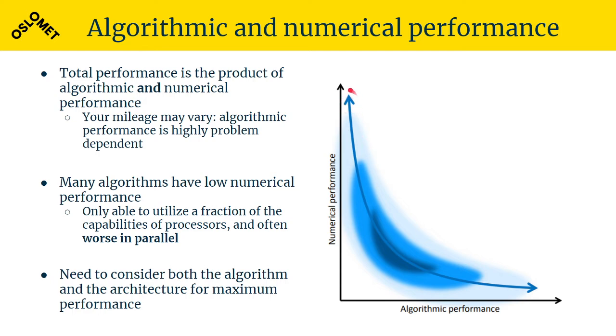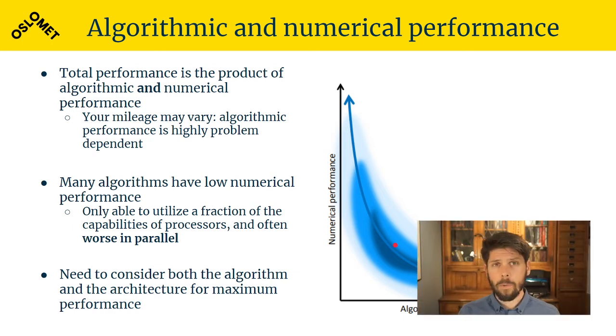The inefficient ways can be up here in terms of numerical performance, how well they fit with the architecture, but low in algorithmic performance. So often you find some sort of trade-off. You find an algorithm which is relatively good in terms of convergence speed and these kinds of metrics that also fits quite well with your architecture. So you need to think about both the algorithm and the computer you're working with when you're designing and working with codes.